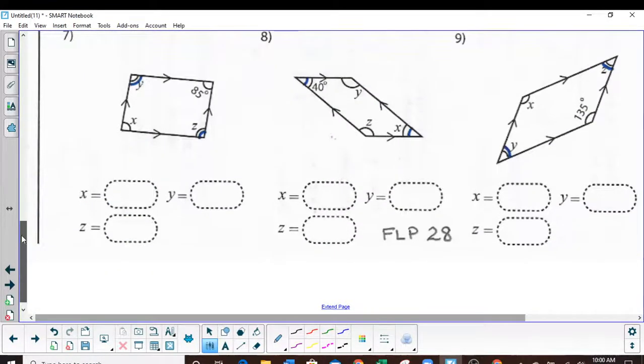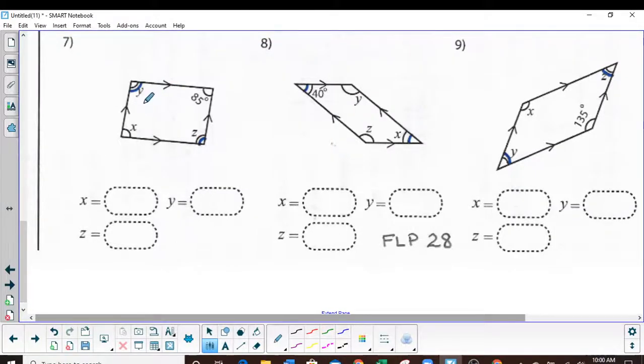There goes the clock. All right, so it says, what is it? The given angle they've given us is 85. It's opposite of x, so we know x is 85 also. So let's go up here and add my 85s. 85 and 85 is going to be 170. My total for a quad is 360 minus 170 that we found leaves us with 190.